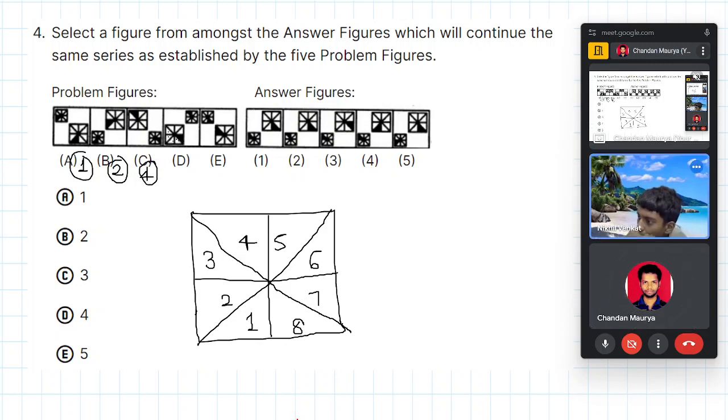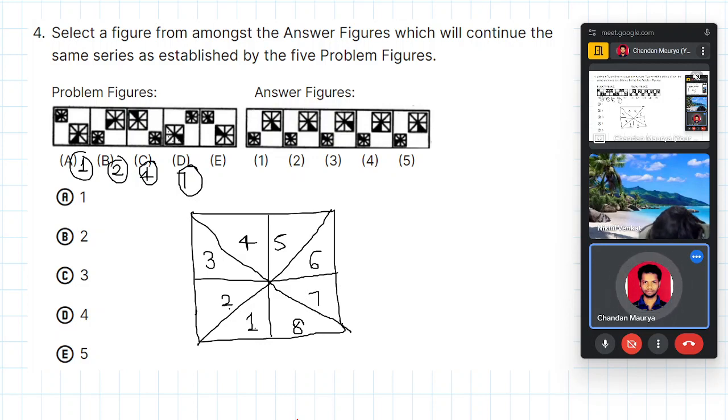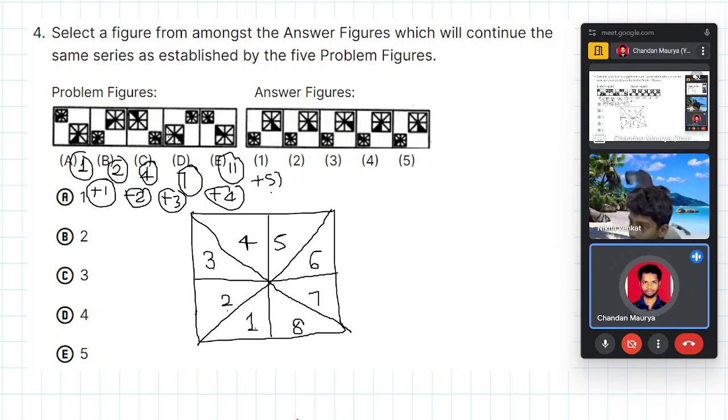See the magic. And in the D1, I'm getting seventh position. And in the E1, after seven, I can count eight, nine, 10th, 11th position. So here I'm seeing increment of plus 1. Here I can see increment of plus 2. Here plus 3. Here plus 4. Now I should have plus 5.